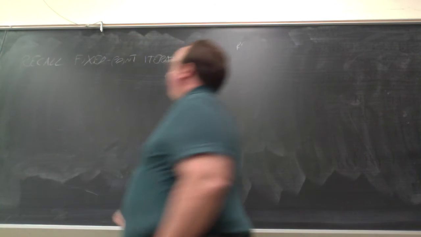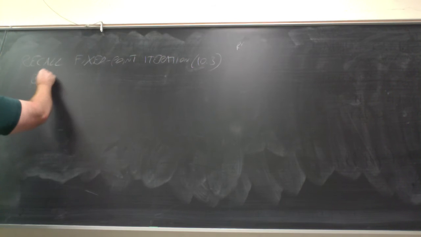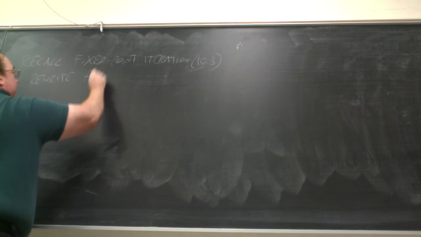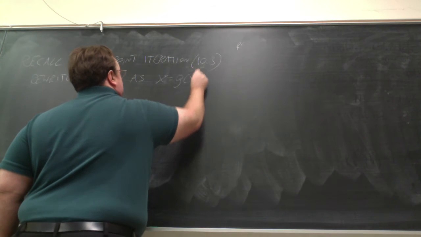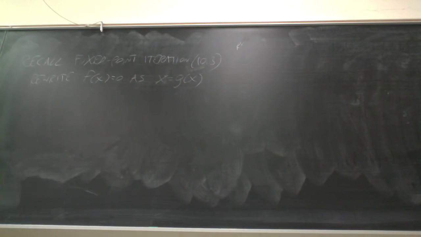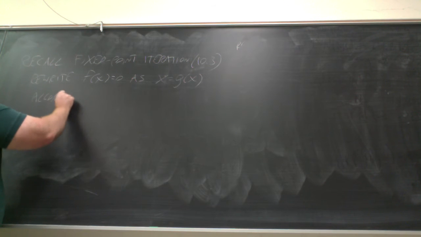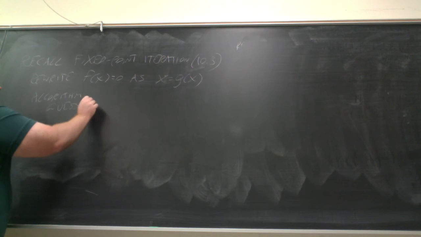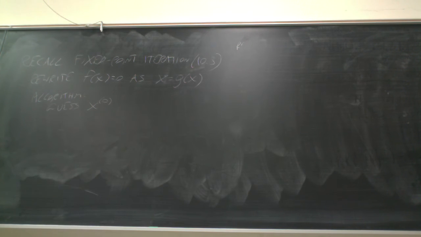All right. So this was section 10.3. So what you do in this case is you rewrite your equation f of x equals 0 in this form, x equals g of x. So then the algorithm is that you guess some iterate x naught that you hope will be close to a solution.